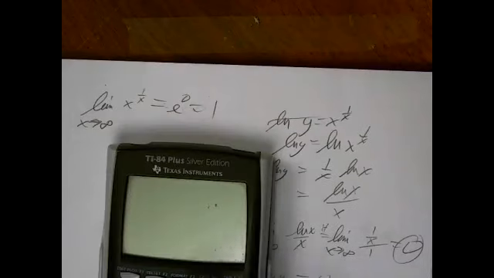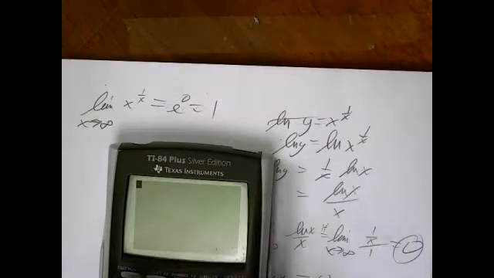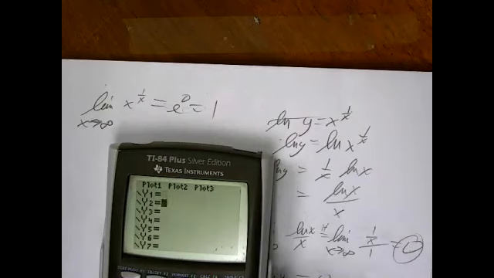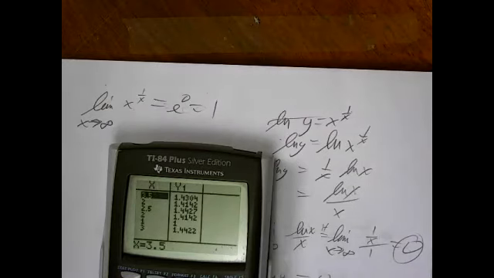Right? And a lot of these limits, I don't know about all, can be verified with a little bit of calculator help. I've been showing you some graphs. Let's look at a table. Let's look at x to the power 1 over x. I'm trying to take the limit of this as x approaches infinity. So I'm going to go to a table. And I'll start with a 1.